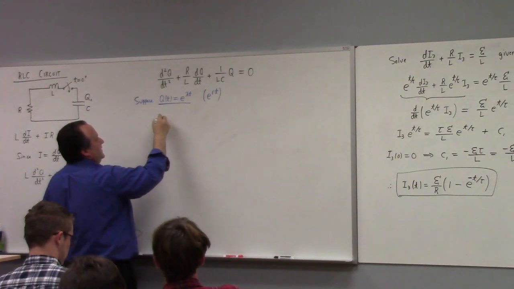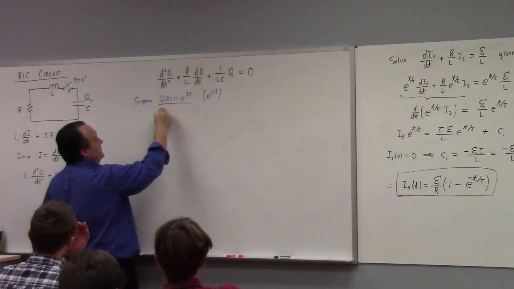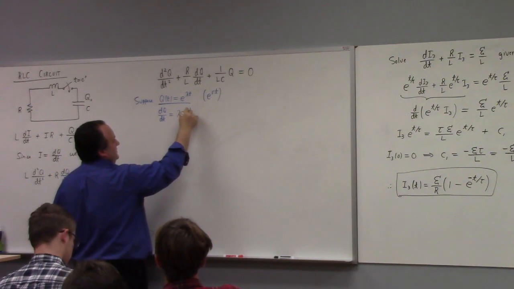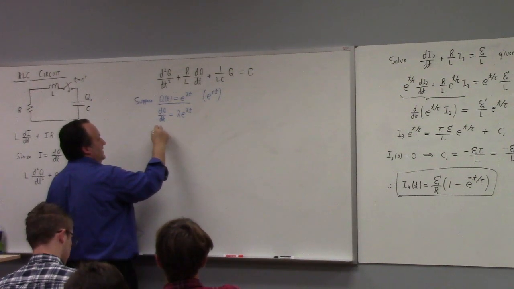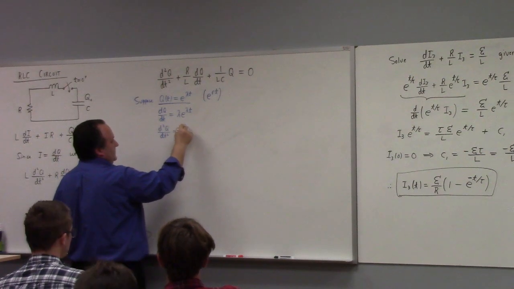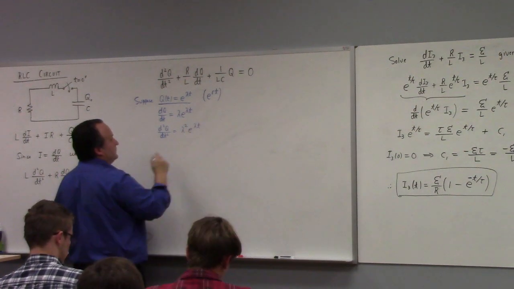So if I differentiate two times, well, first of all, what's dq dt? I get lambda e to the lambda t, right? And if I differentiate a second time, I get lambda squared e to the lambda t from the chain rule.